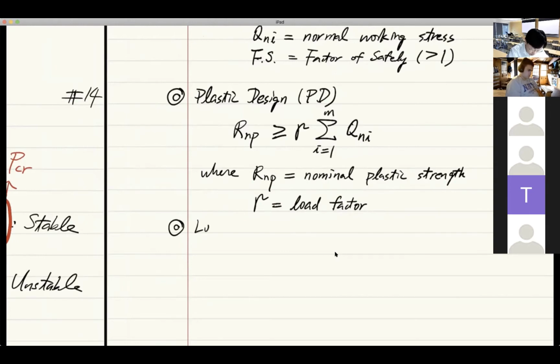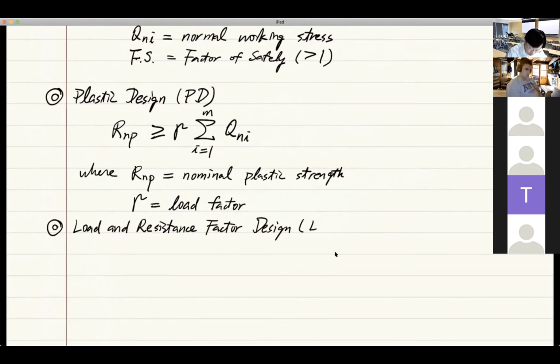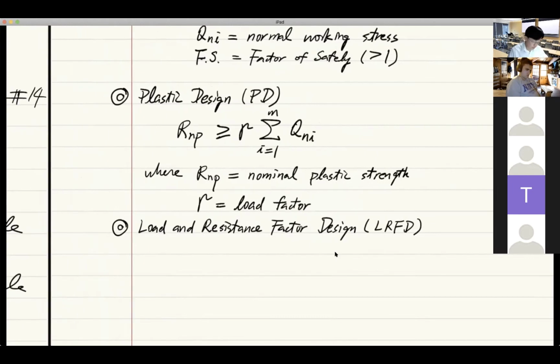Next one is load and resistance factor design, or we call it LRFD. You must have seen this from steel design, right?